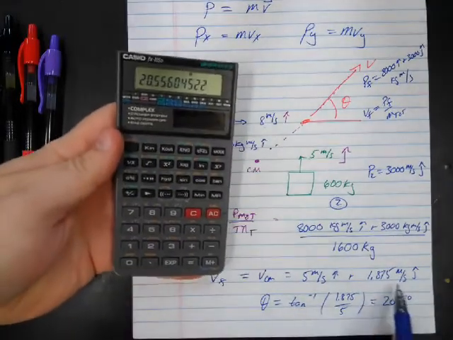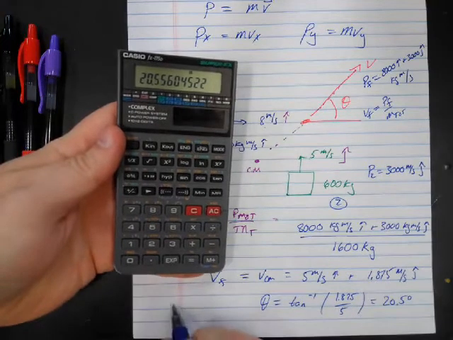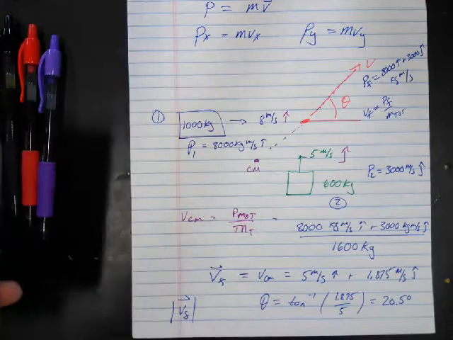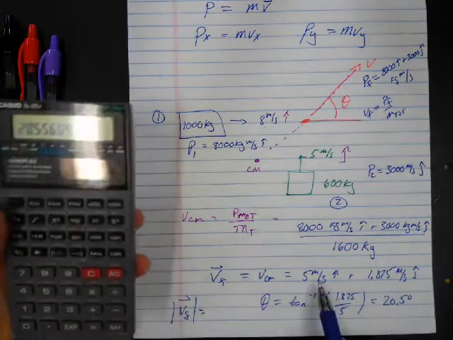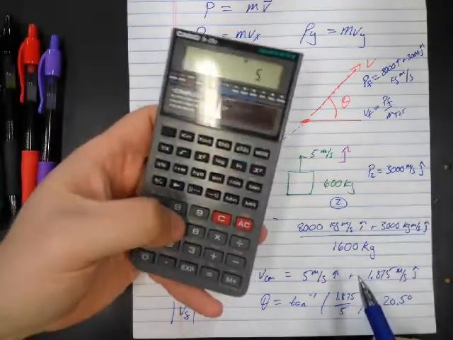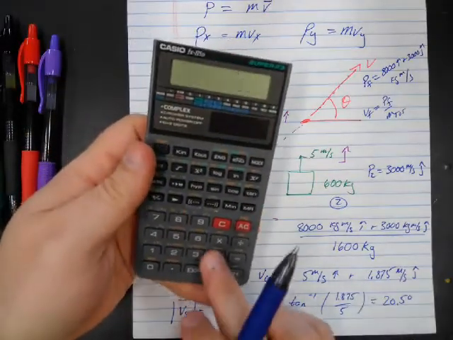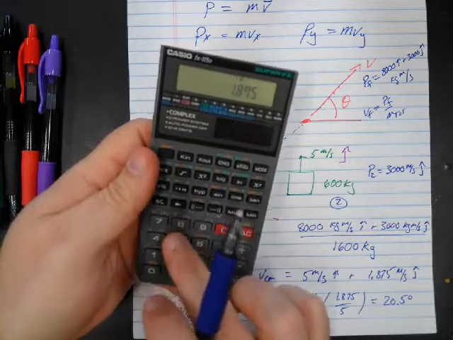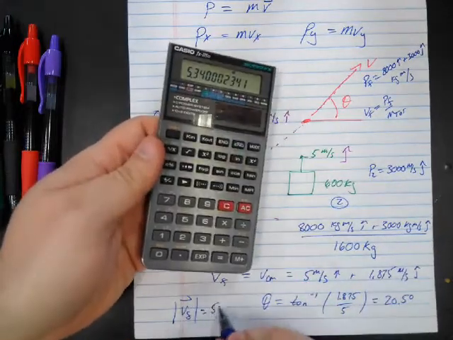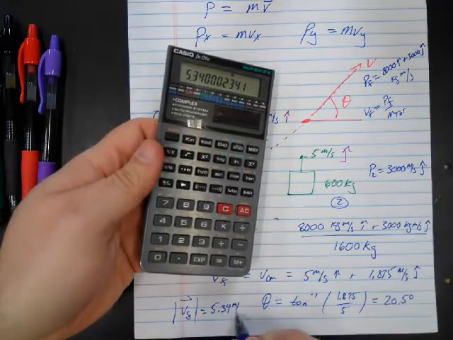And then the size of V final is going to be found based on the Pythagorean theorem from this. So it's going to be the square root of 5 squared plus 1.875 squared, which is 5.34 meters per second.